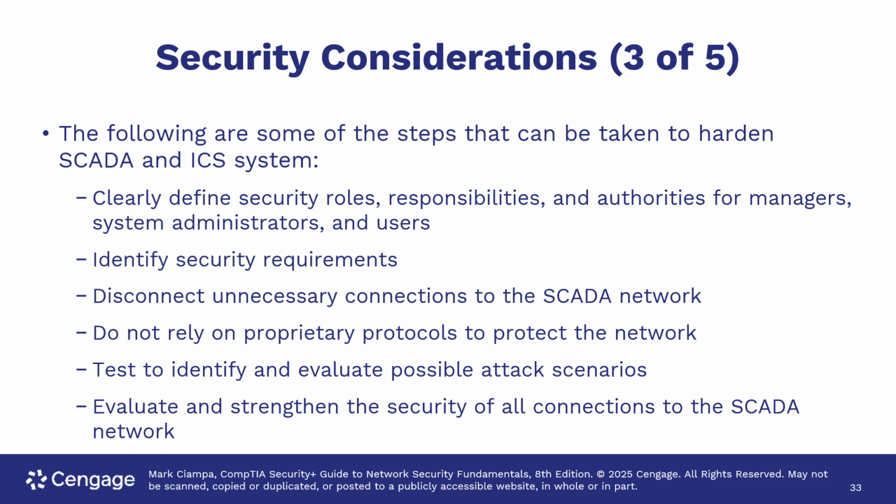Do not rely on proprietary protocols to protect the network. Test to identify and evaluate possible attack vectors or attack scenarios. Evaluate and strengthen the security of all connections to the SCADA network.